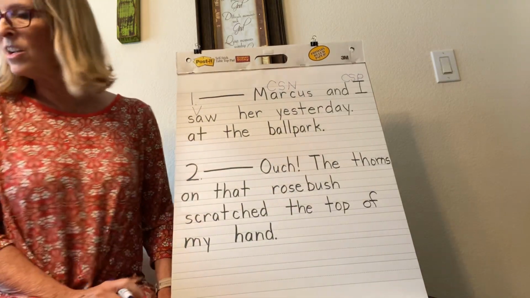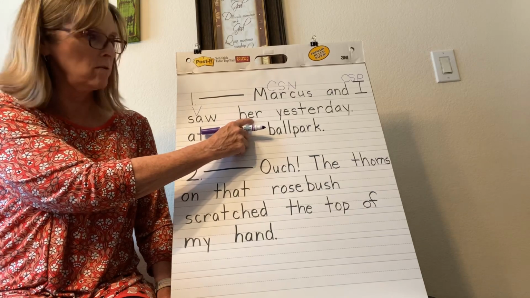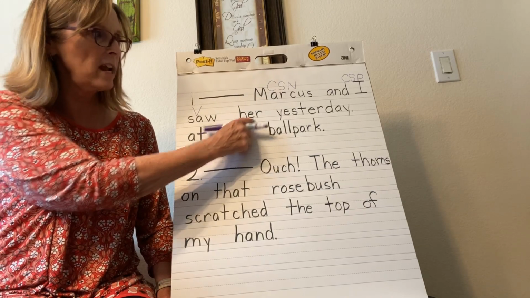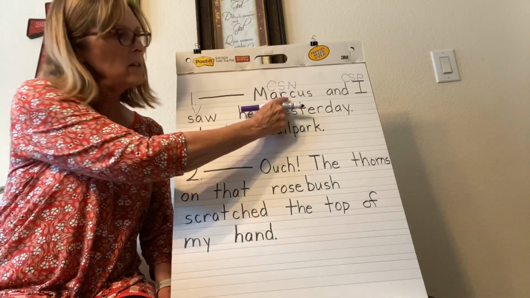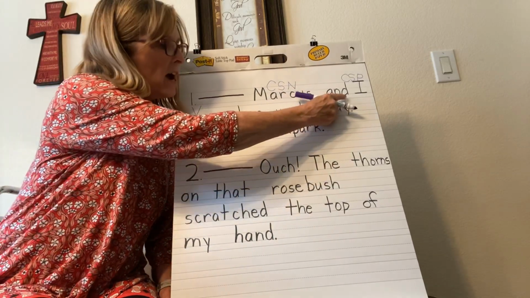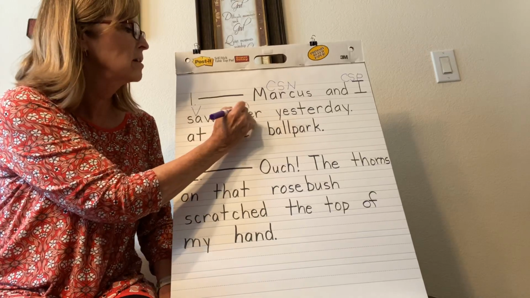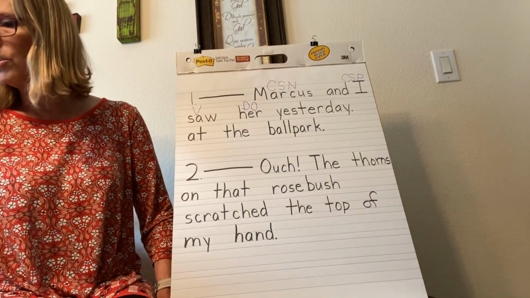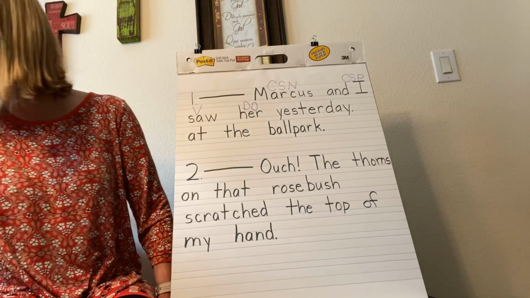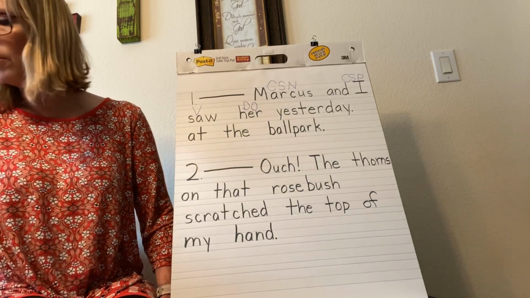Marcus and I saw whom? Her. Verify the noun. So we're stopping to see if this noun means the same as the subject noun. Does her mean the same thing as Marcus and I? No. Her, direct object. Marcus and I saw her, direct object.